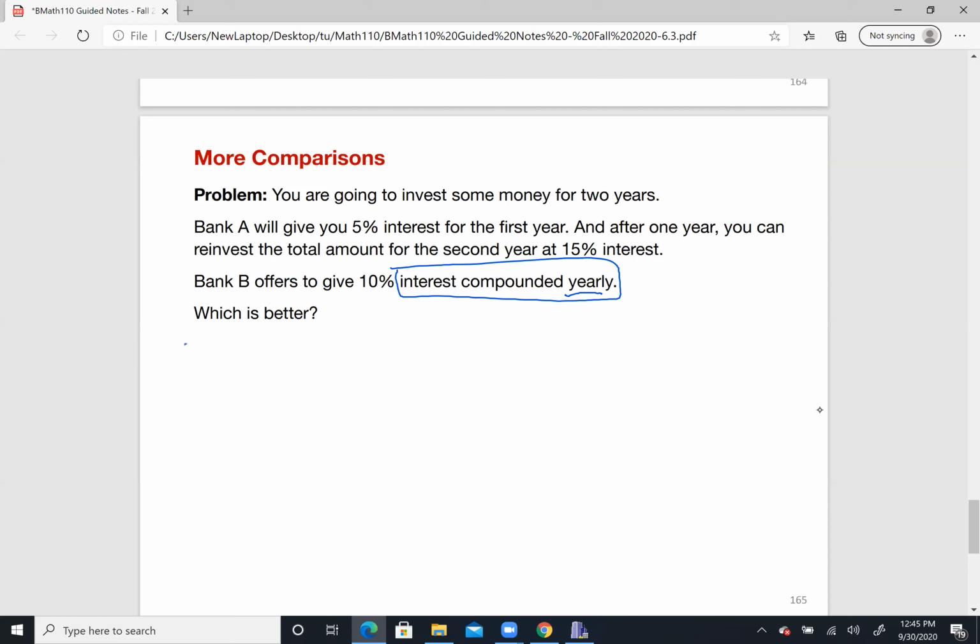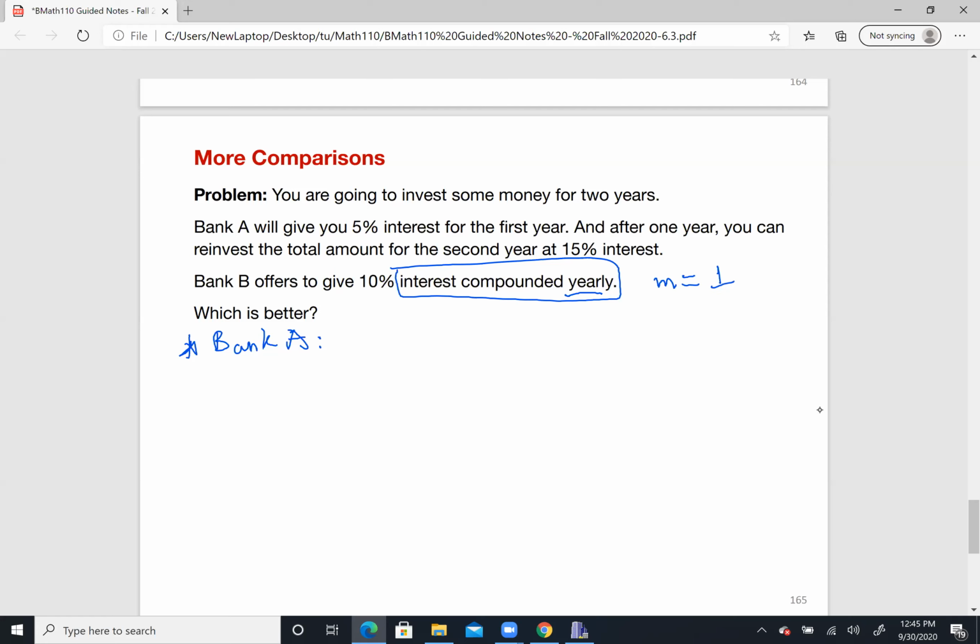So for Bank A, because it's compounded yearly for both banks, I'm gonna say m will be equal to 1, right?